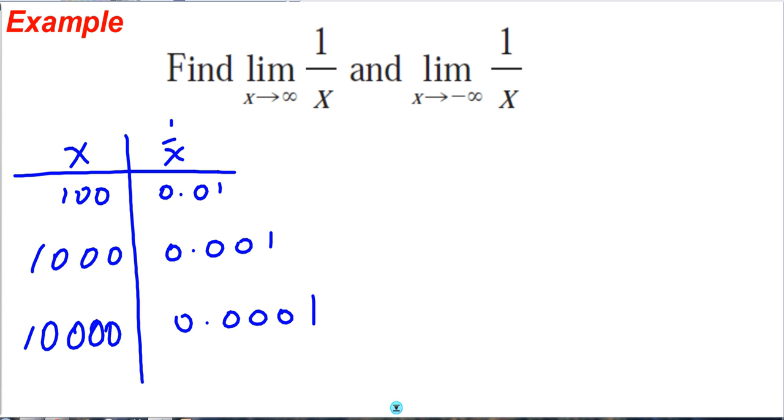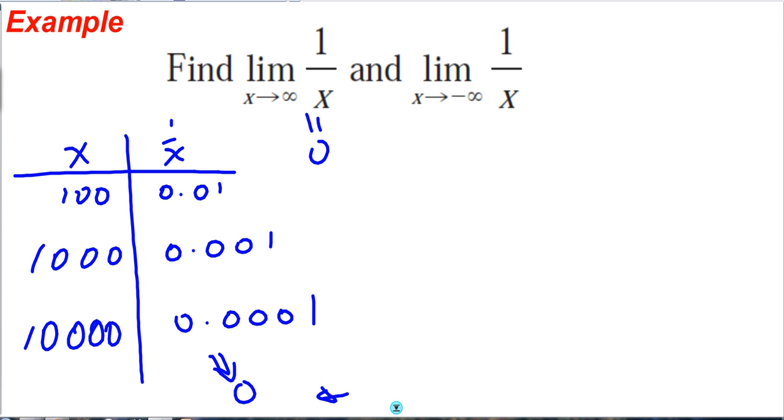We see that this value is getting close to 0 from the right side. So this limit should be 0.